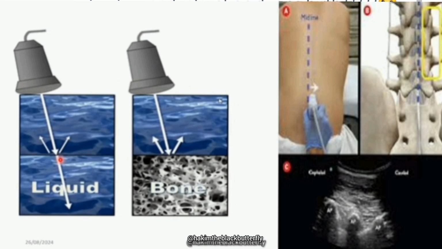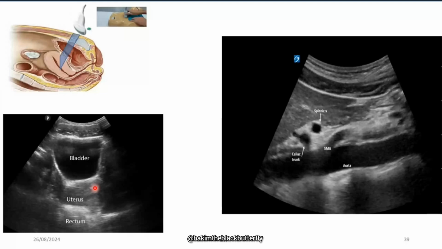Okay, so as I was saying, posterior to these vessels, you can see some bit of structures. Posterior to the urinary bladder, you can see the uterus. You can see structures when you scan a particular patient.